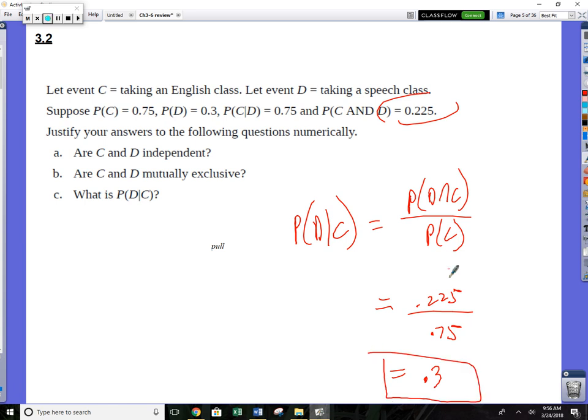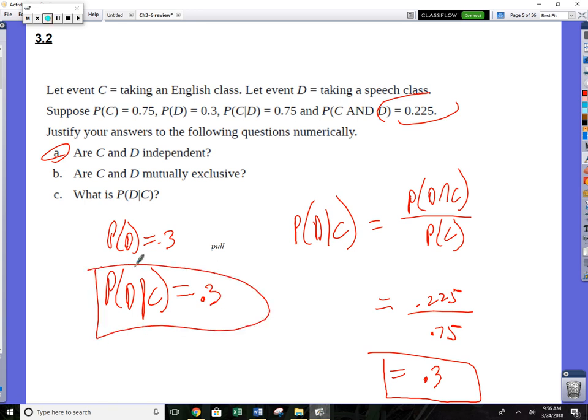I mean, we really didn't need to do this because if they're independent, we know this. The chances of D happening all by itself are 0.3, so it's 30%. And if they are independent, which we said they are in A, the chances of D happening given that C happens, C's not going to influence D, D's not going to influence C, it's going to be the same, it's going to be 30%.